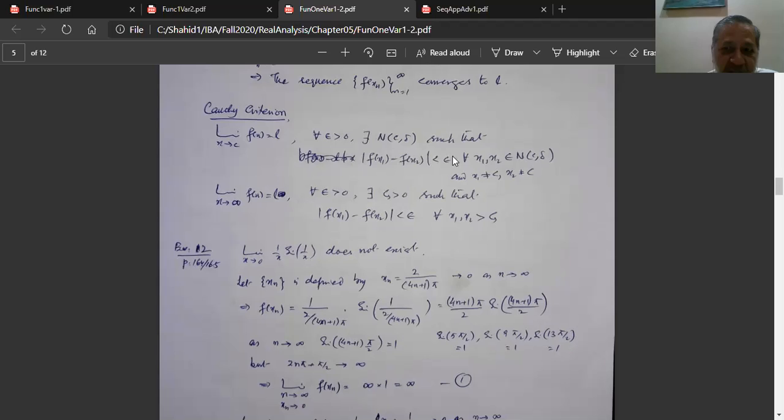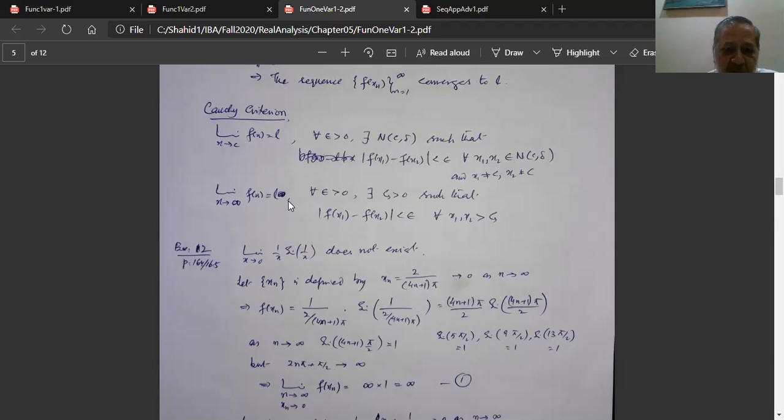Here what we are saying is that in a small neighborhood of C, if you choose any two x values, then the images at those x values will be very, very close to each other. So this is an alternate expression of existence of limit, and when we write down this expression, we call it Cauchy criterion.